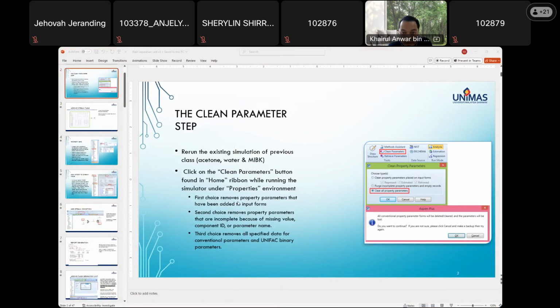The first choice is to remove the validity parameters that have been added to the input form. There are three choices. The second choice is to remove parameters that are incomplete, with missing values. And the last one is to remove all, including the phase memory primitives.